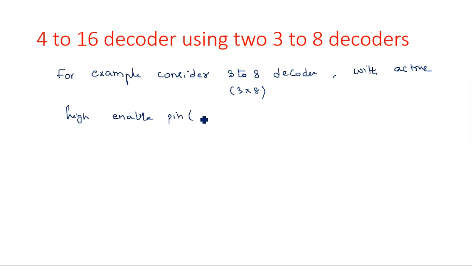Why I said active high enable pin is, there are two types of versions we have in the active combinations, like active high enable pin and active low enable pin.